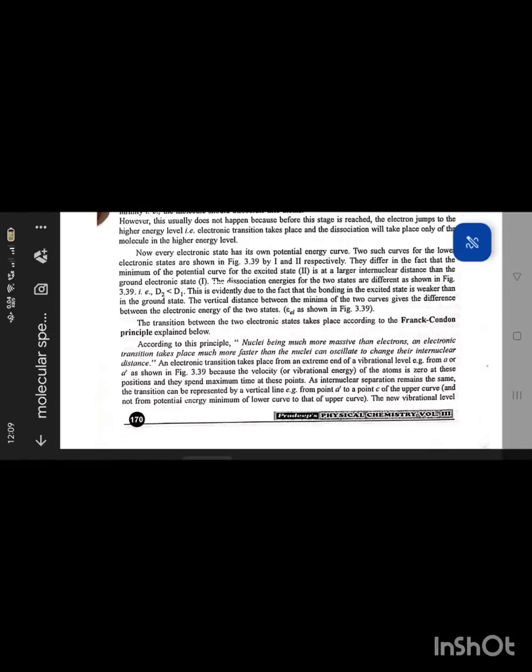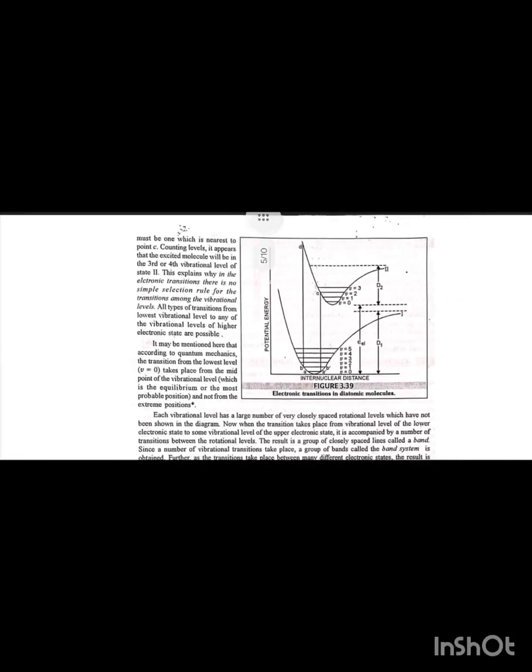and not from the potential energy minimum of the lower curve to that of the upper curve. The new vibrational level must be one which is nearest to point C. Counting levels, it appears that the excited molecule will be in the third or fourth vibrational level of the state 2. This explains why in electronic transitions there is no simple selection rule for the transition among the vibrational levels.